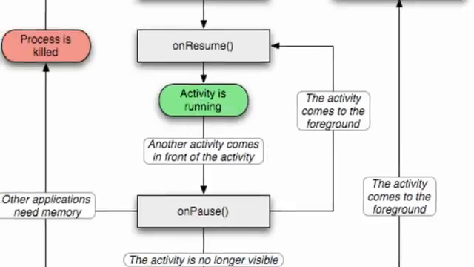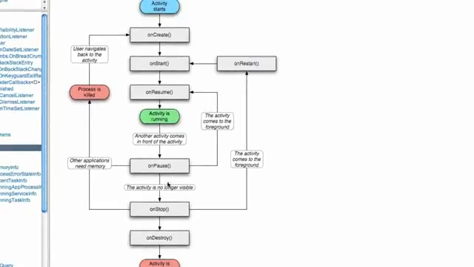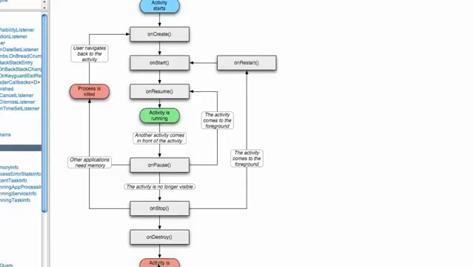So the only method from our activity class that we are familiar with is this onCreate method. But we're going to use some of these other methods as well. What I want to show you guys is that the only other two methods that are really important for the most part are this onPause method and this onResume method, because even if our activity gets destroyed, it's going to go through this onPause method before it goes through the others.